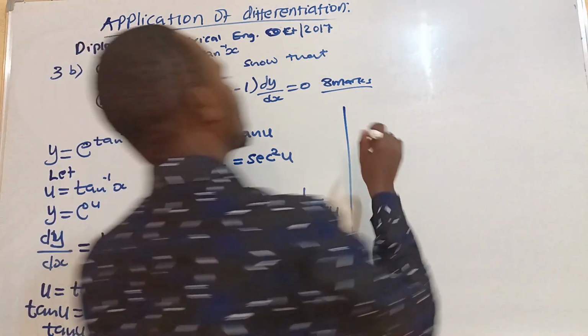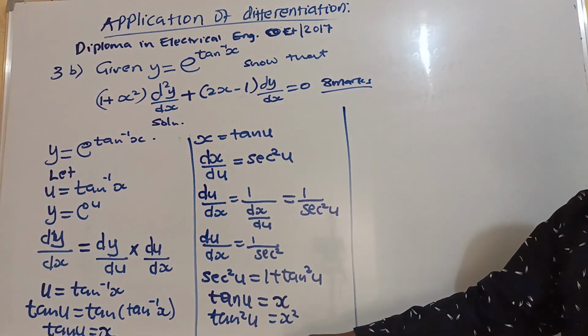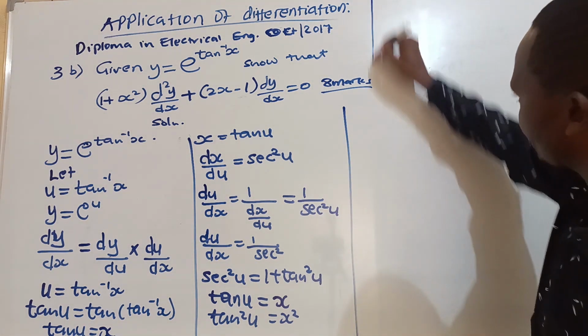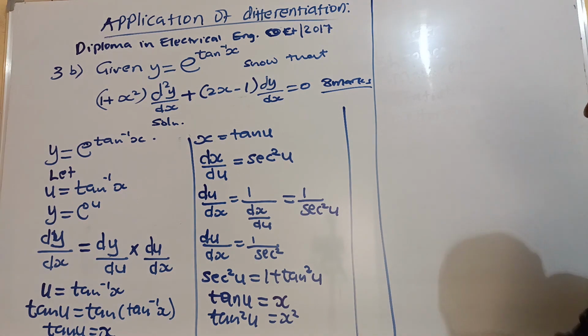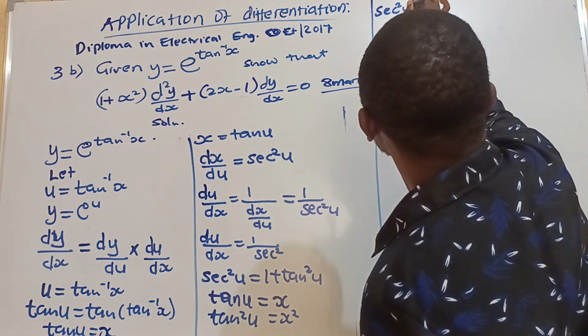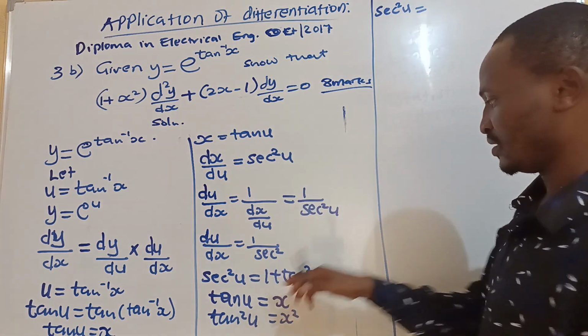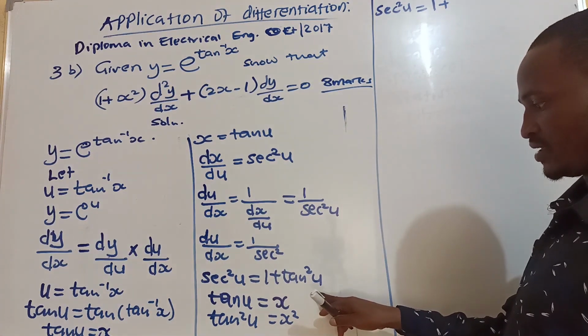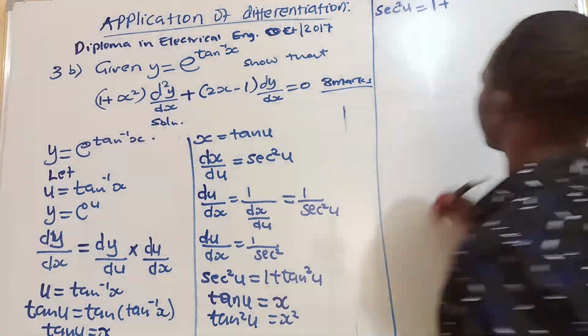Now sec squared u is equal to 1 plus tan squared u, and tan squared u is x squared.